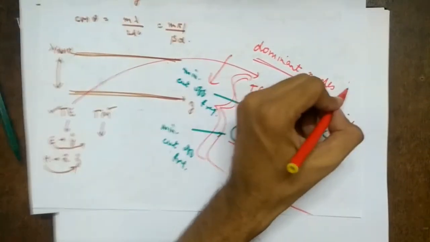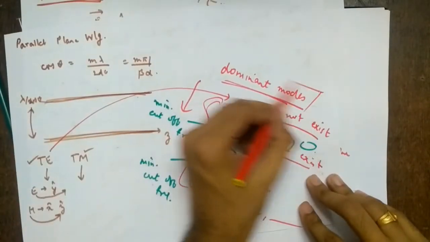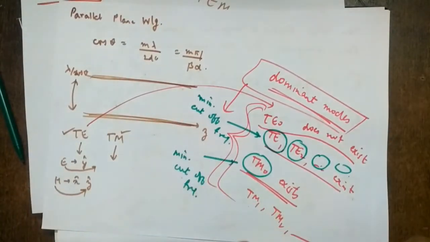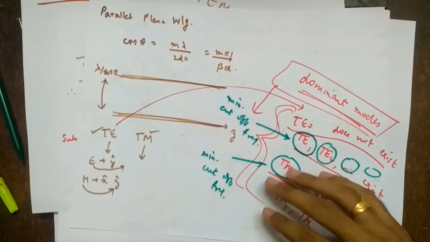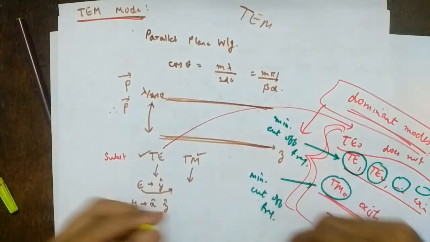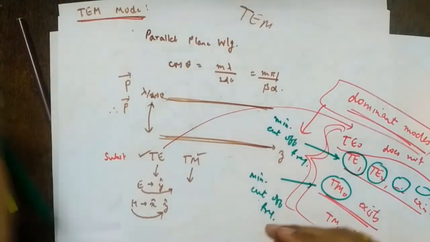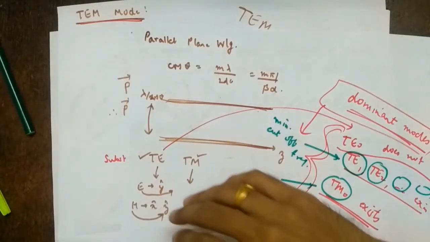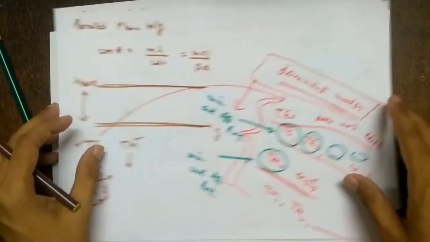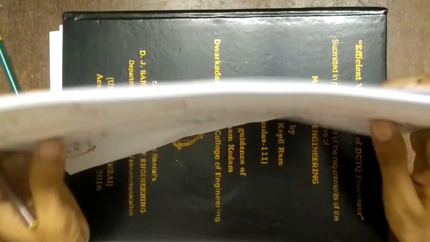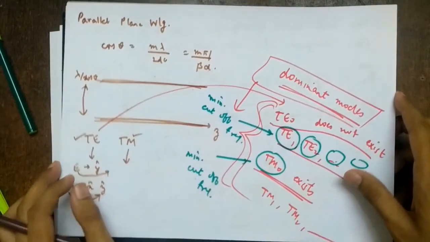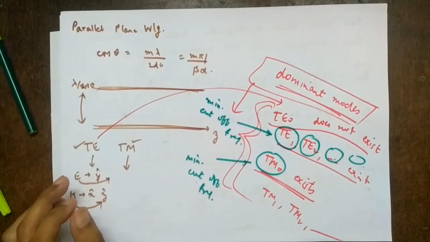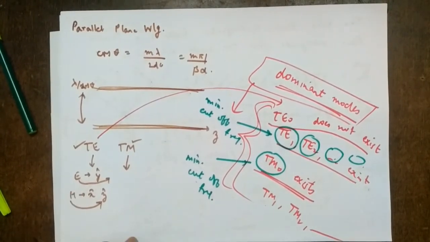Okay, so you might be asked a question in Viva, what are dominant modes? This can also come as question number 1, compulsory part, in your final exam. What are dominant modes? Define dominant modes, or give examples of dominant modes for TEM modes for a rectangular waveguide or parallel plane waveguide. Okay, so this is the way you have to answer. Okay, so next lecture we'll start with rectangular waveguides.